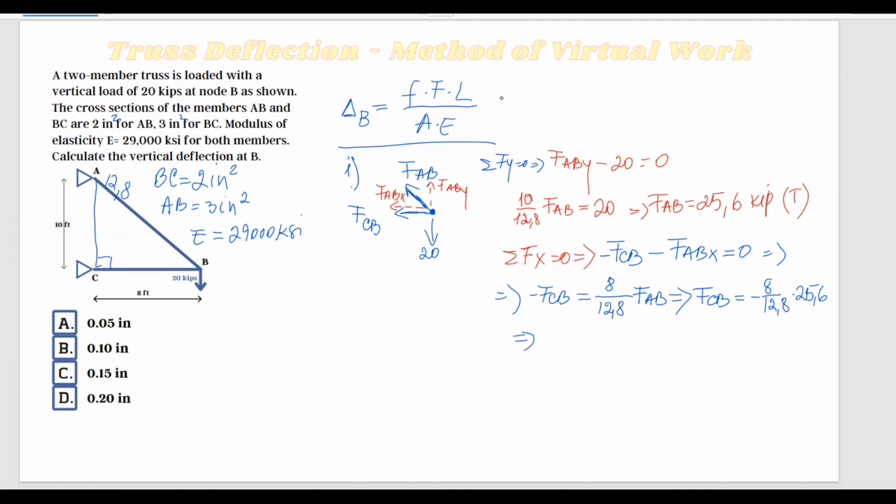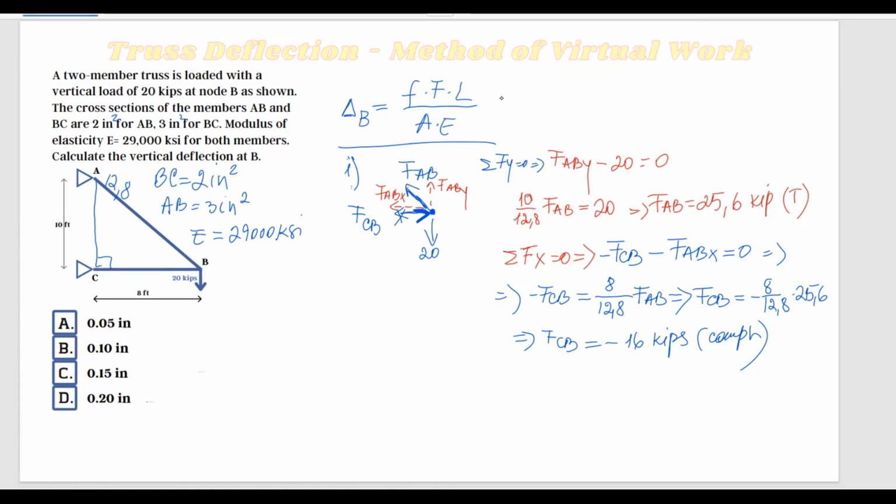And calculating all that, you're going to get that FCB is equal to minus 16 kips. And this is compression. The minus sign tells us this is compression. So FCB actually has the orientation this way.